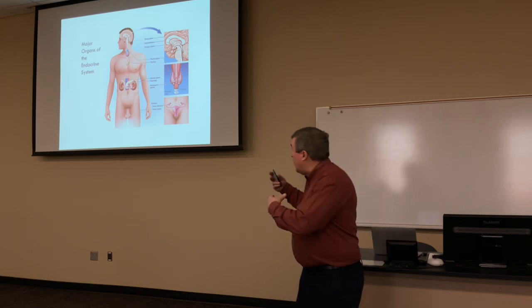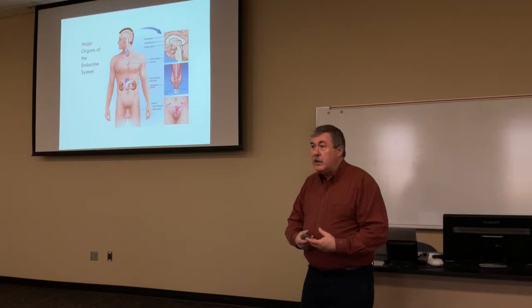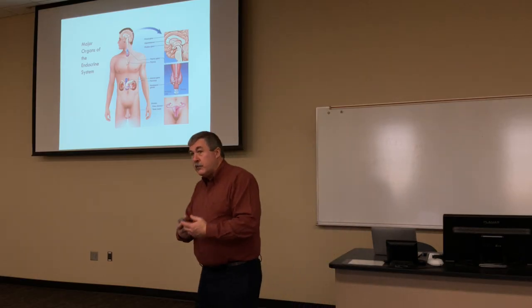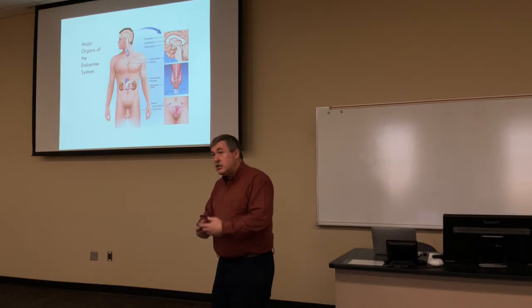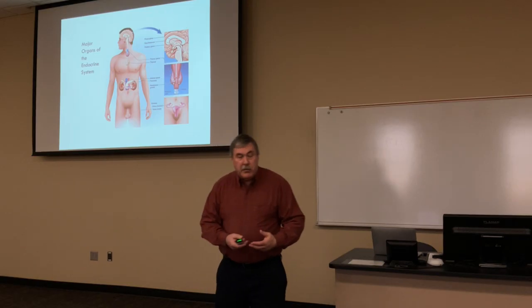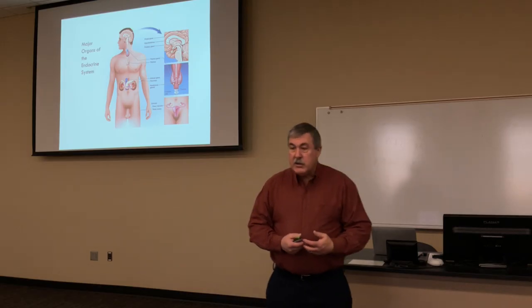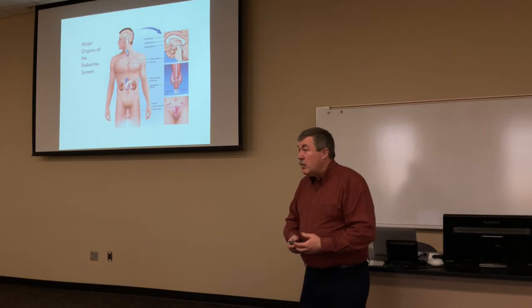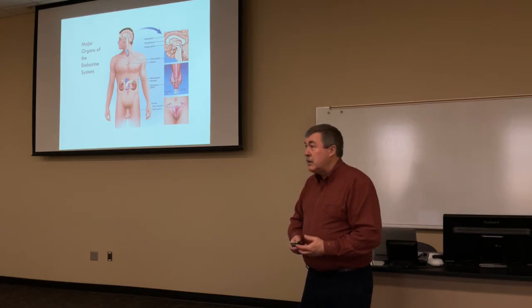The secretions of the pancreas are released into the duodenum, which is the first part of the small intestine, right below the stomach. And that bicarbonate is important because if the pancreas didn't secrete bicarbonate, then the acid from the stomach would eat away the walls of the duodenum, and it would cause ulcers.